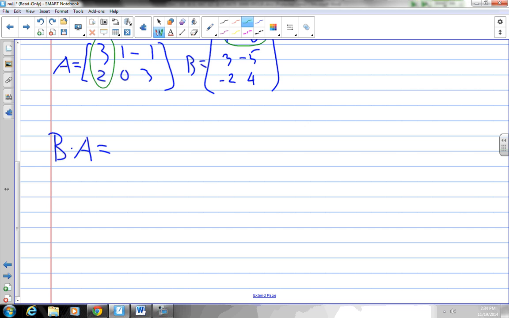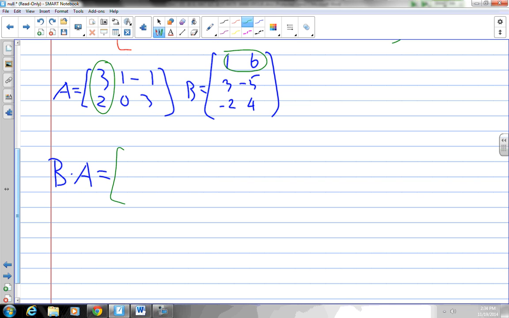So see what's going to happen now. It is 1 times 3 plus 6 times 2. So that's the first row with the first column. And then I'm going to do the first row with the second column. So that's 1 times 1 plus 6 times 0. And then the first row with the third column.